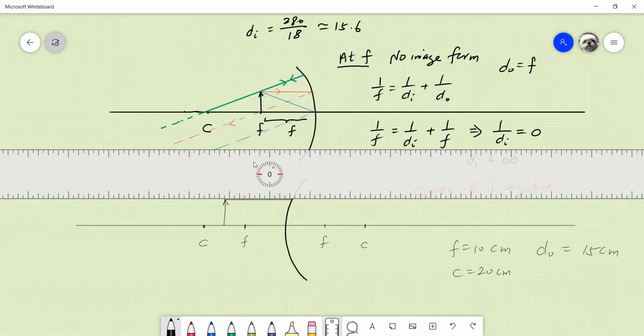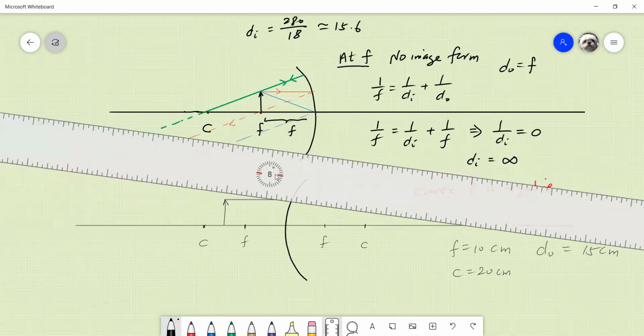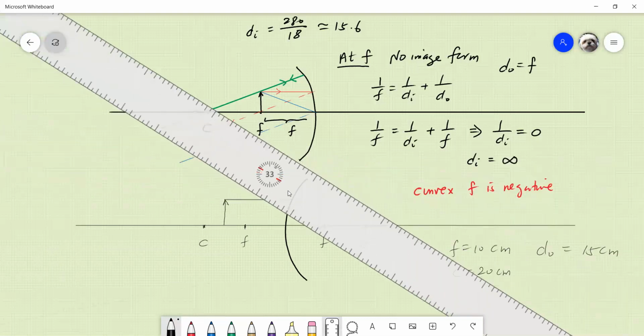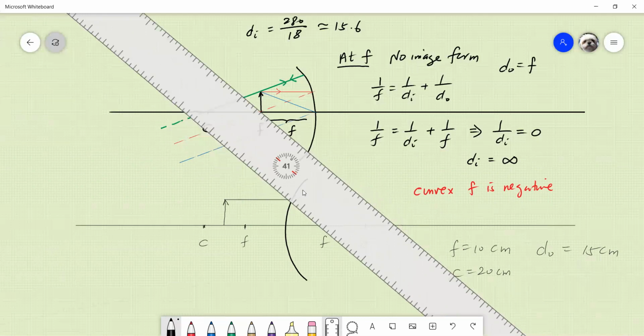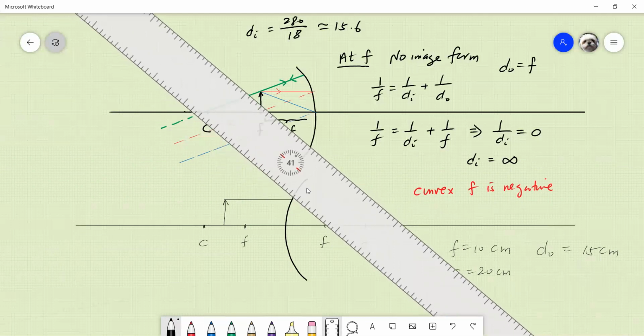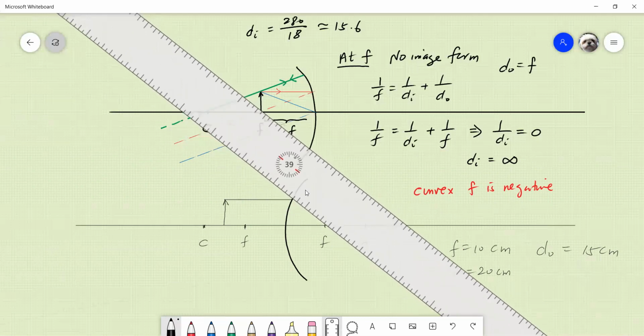The parallel light is going to diverge, and it looks like it's coming out from the focal point on the other side. You understand what I'm saying? The light will diverge, but it looks like it's coming out from here.